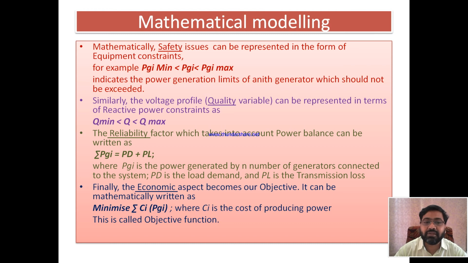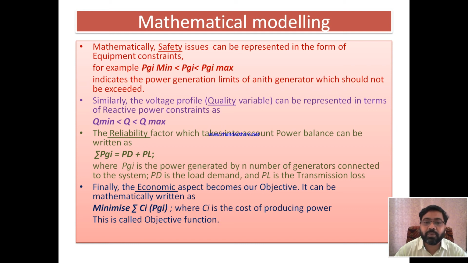Summation of PGi means the sum of the powers generated by n number of generators connected to the system. PD is the load demand. PL is the transmission loss. If there is no transmission loss, you have an ideal system, and the equation becomes summation of PGi equals PD, which is not the case actually. Most of the time there are losses as well.